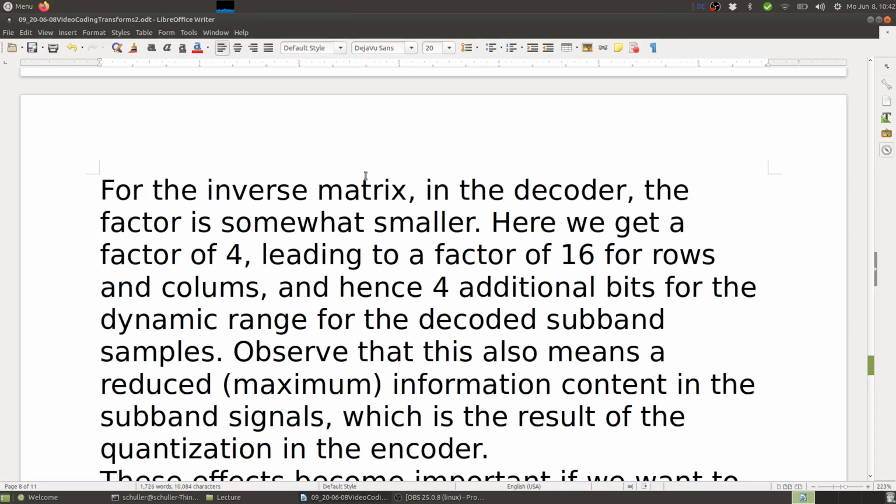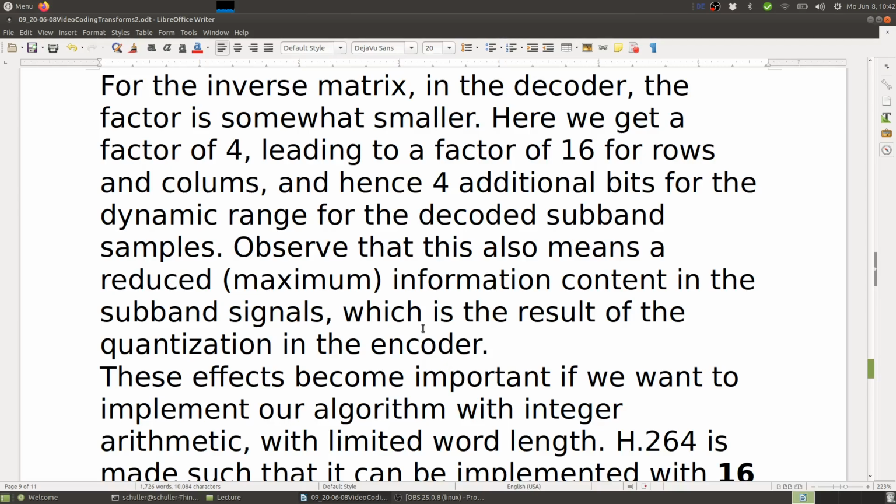Here we get a factor of 4, leading to a factor of 16 for the rows and columns, and hence 4 additional bits for the dynamic range for the decoded subband samples. Observe that this also means a reduced maximum information content in the subband signals, which is the result of the quantization in the encoder.